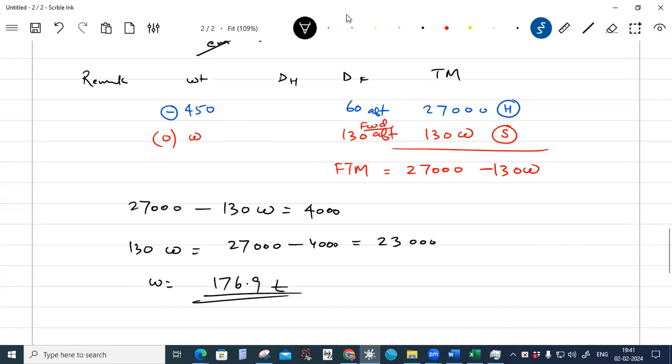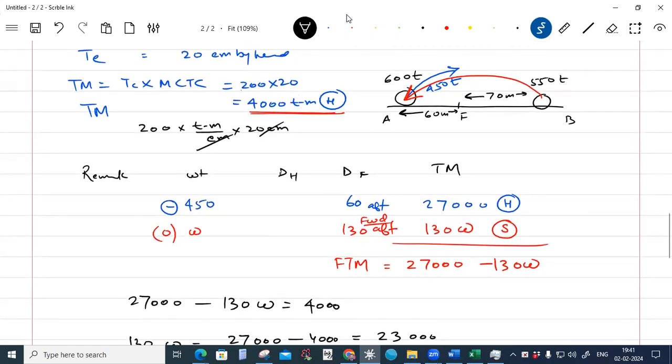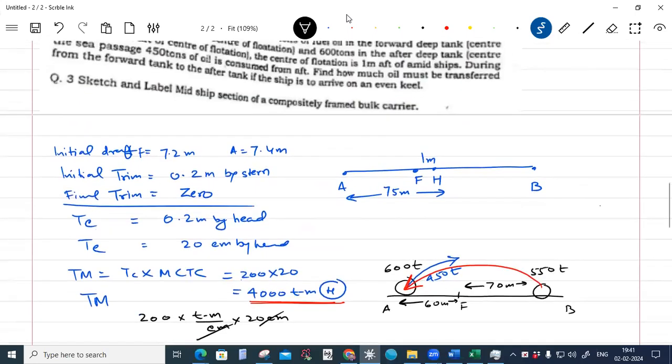If you want, you can round off to 177 ton. That we need to transfer from forward tank to aft tank so that you are on the even keel. That's it. Easy question.